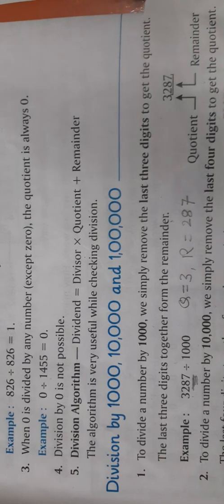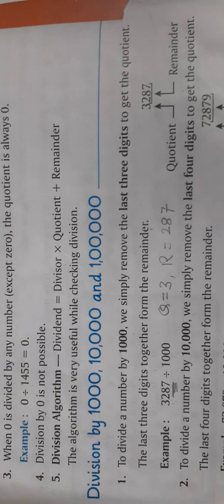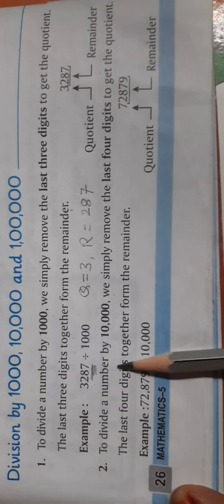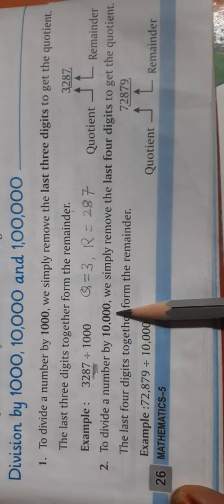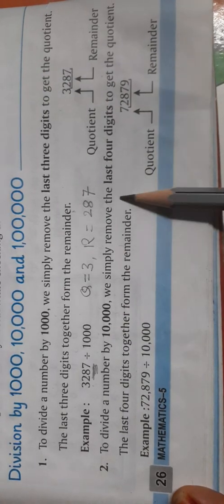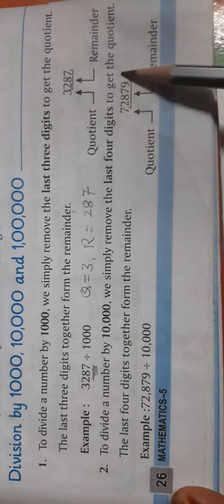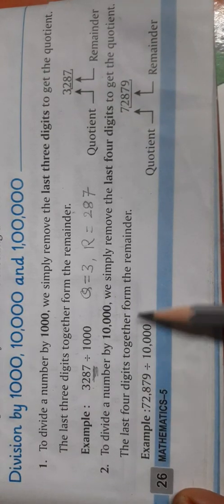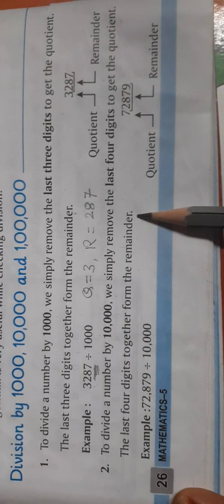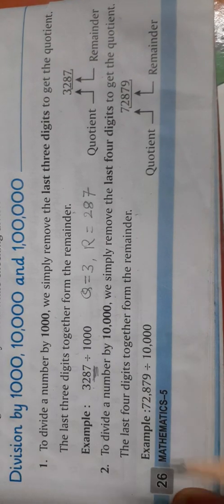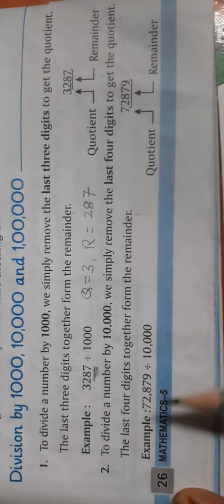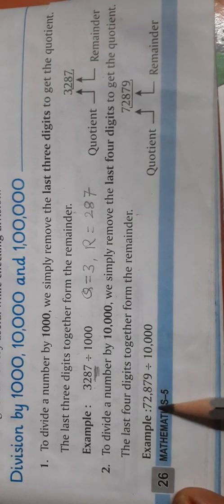Now, to divide a number by 10,000, we simply remove the last 4 digits to get the quotient. And the last 4 digits together form the remainder. It means when I remove the last 4 digits, what are the last 4 digits?